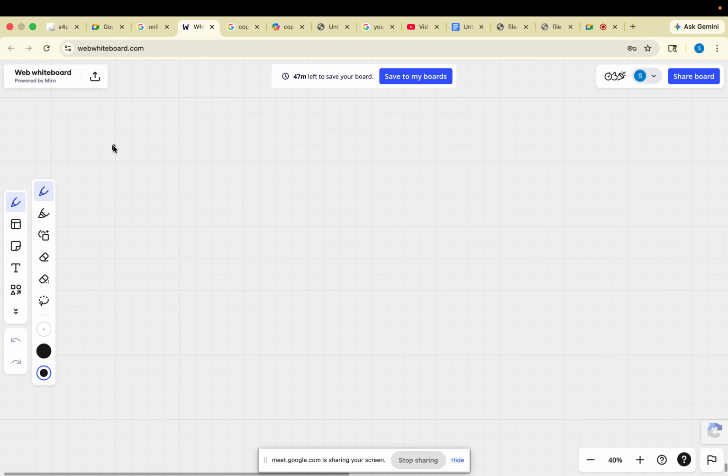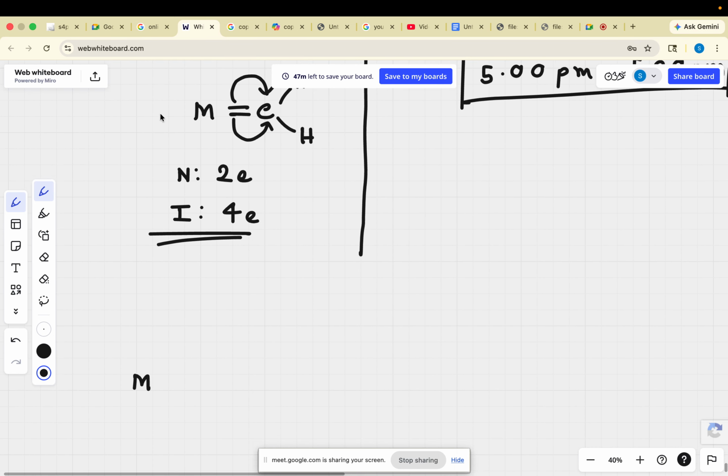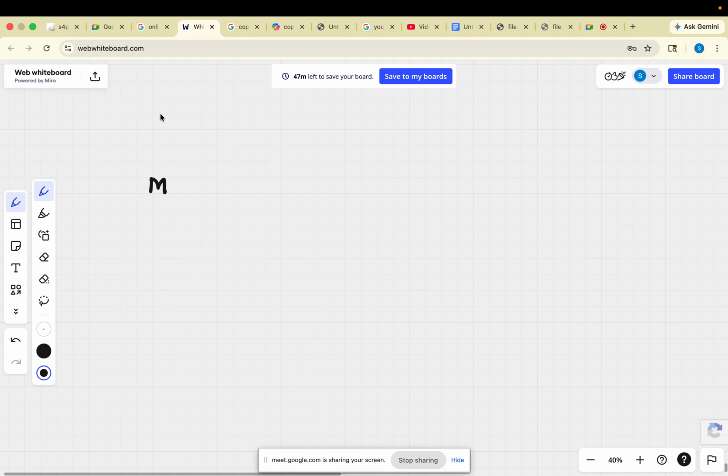Fine. So suppose I have, next we have done up to this metal carbon double bond. So suppose I have metal carbon triple bond. Suppose I have this kind of bond, metal carbon triple bond, and there you have hydrogen. So in this method, tell me, if I consider ionic method, how many electrons, and neutral method, how many electrons are there?